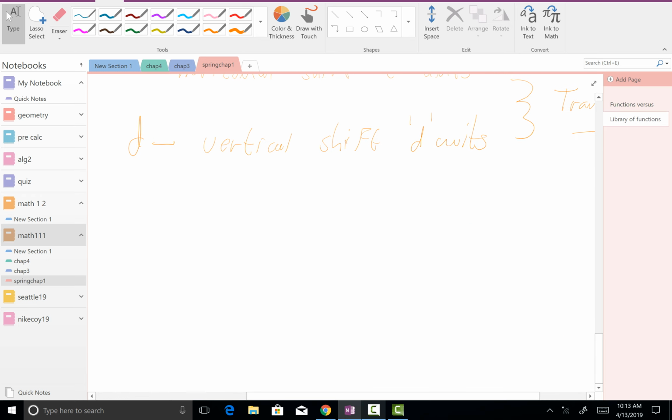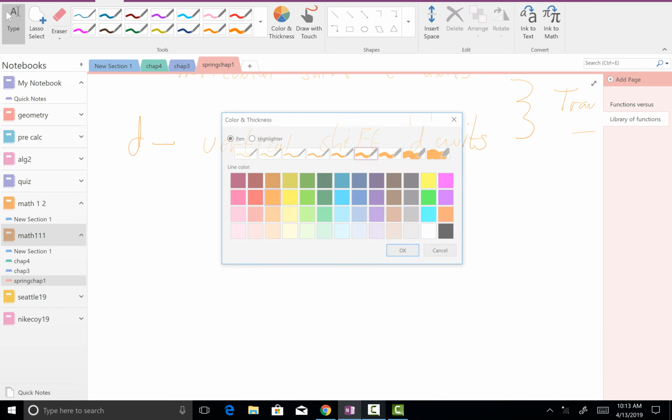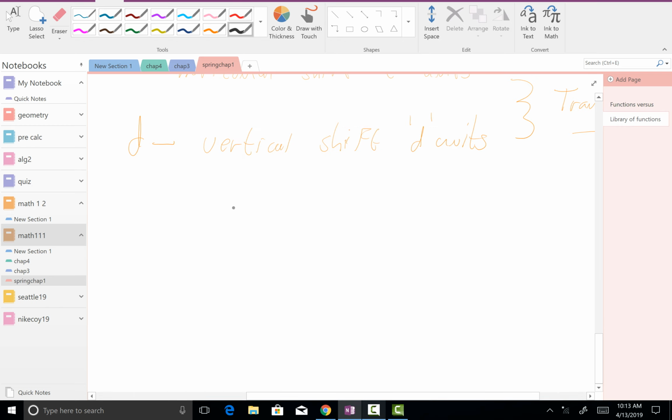So let's do some examples, I said we were going to do some. I want to change to a darker color here. What are they going to ask you to do? The thing that they're going to ask, and what I'm going to ask, is to describe some transformations.